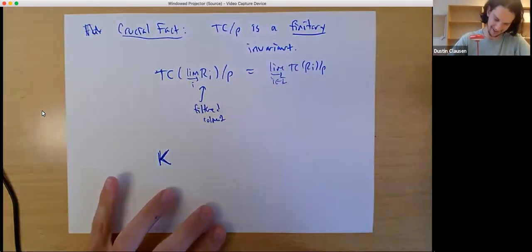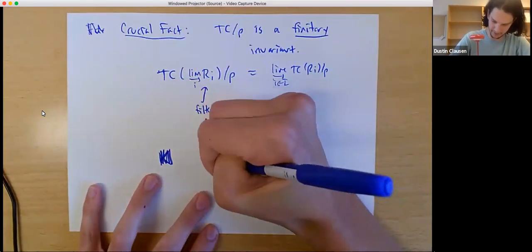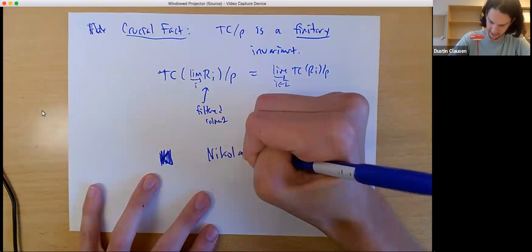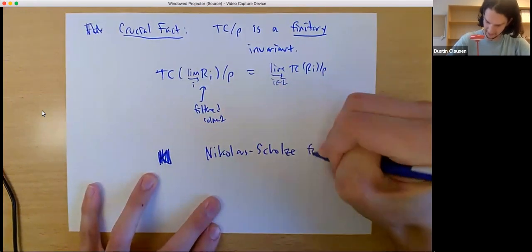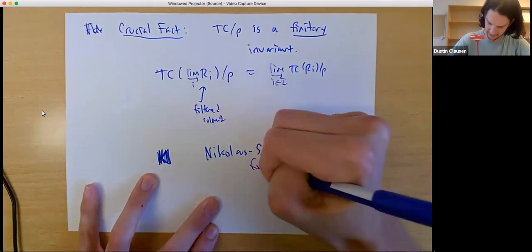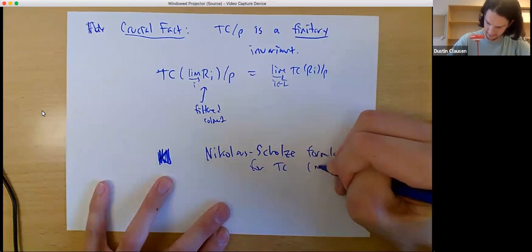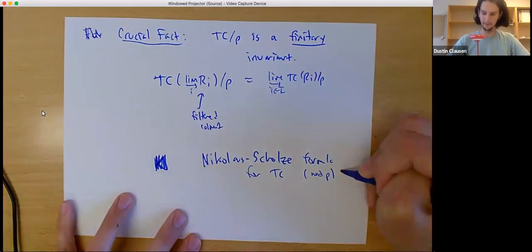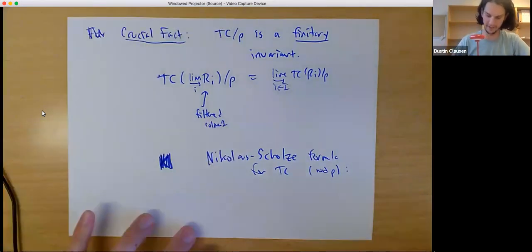But now the perspective offered by Nikolaus and Scholze, so I'll write down the Nikolaus-Scholze formula for TC at the prime P, mod P, gives a different perspective on this, which elucidates why this should be a finitary invariant.